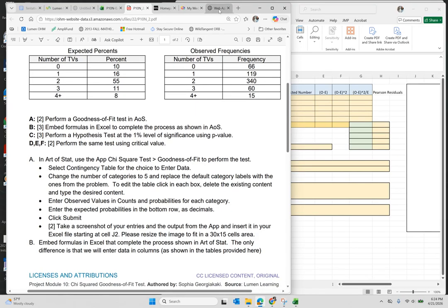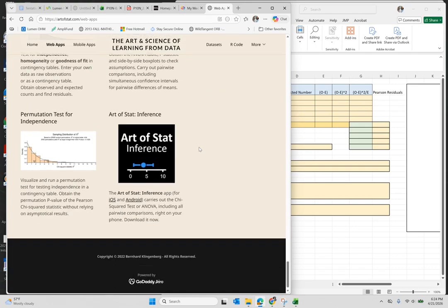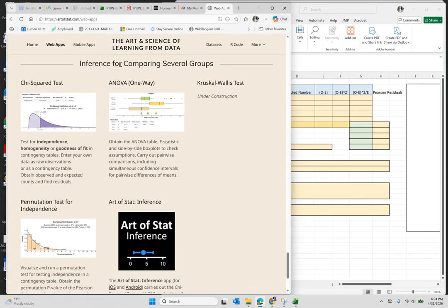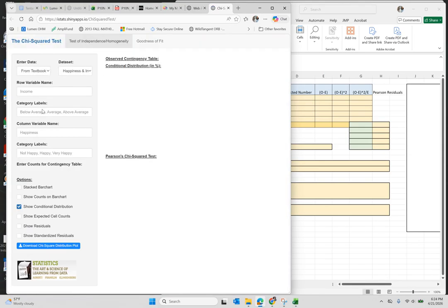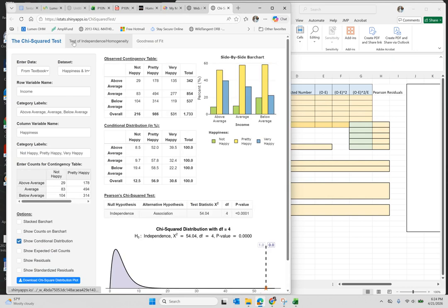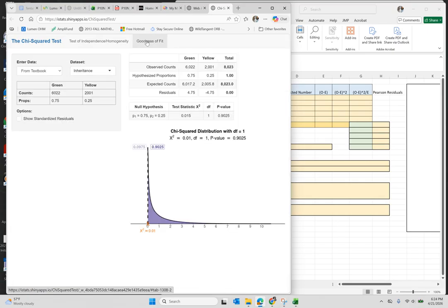And that is all the way at the bottom of the online apps in Art of Stat, inference for comparing several groups, and we will choose the chi-square test. And when we are in chi-squared, we don't want to be in the tab that says test for independency, homogeneity. Instead, we want to be in the goodness of fit.